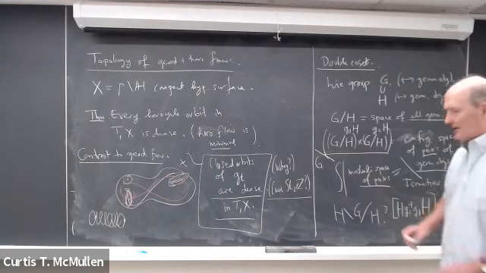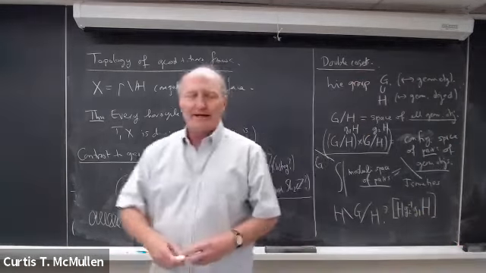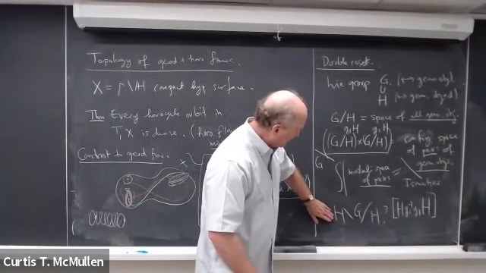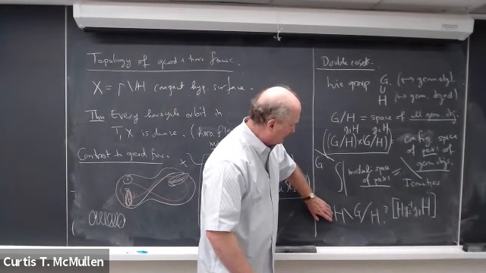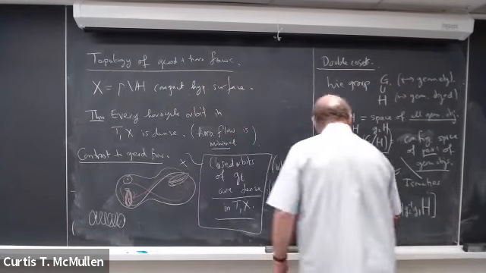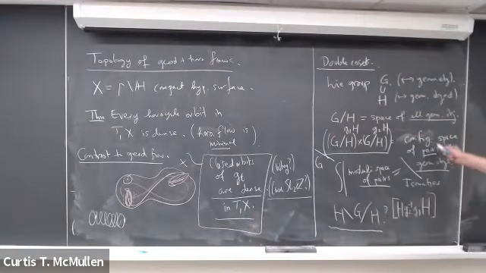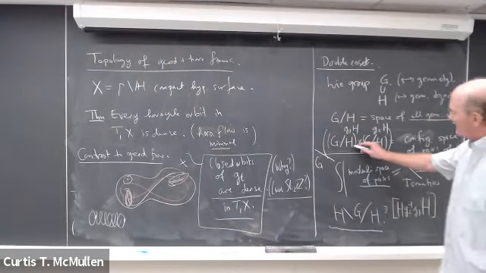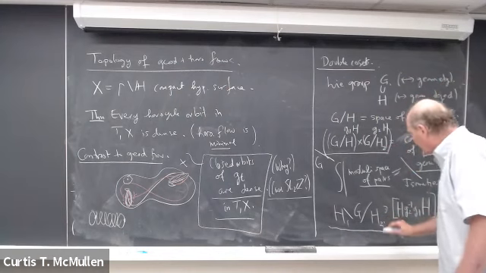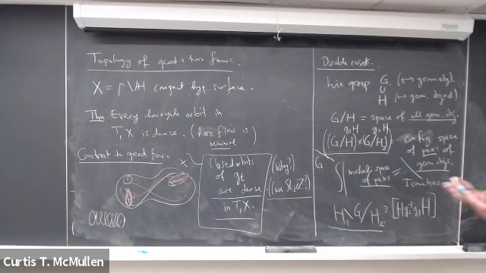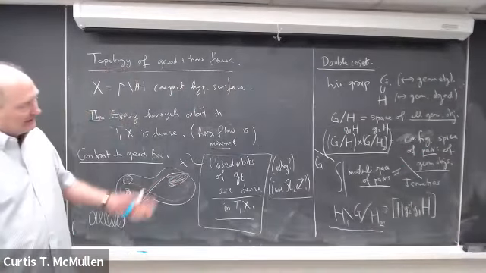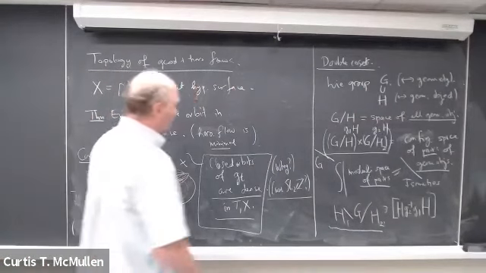So this double coset space can be interpreted as the moduli space of pairs of objects whose geometric type is described by H. In other words, whose stabilizers are H. And indeed, you don't even have to take the same type of object. You could take two different types of geometric objects, like a point and a geodesic, and then their moduli space would be described by a double coset space with different groups acting on each side.